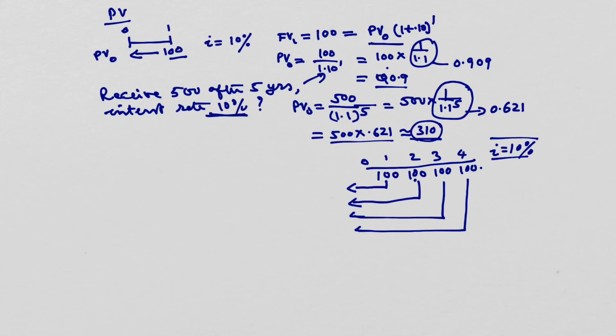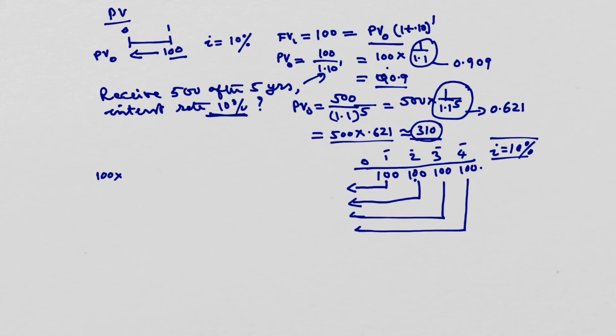Now, given our logic above, each time I find the present value factor at 10% for year 1, year 2, year 3, year 4, and then multiply by 100, I will get my answer. So let me do this. Actually what I have is 100 multiplied by, first, of course, I don't receive anything in year 0.